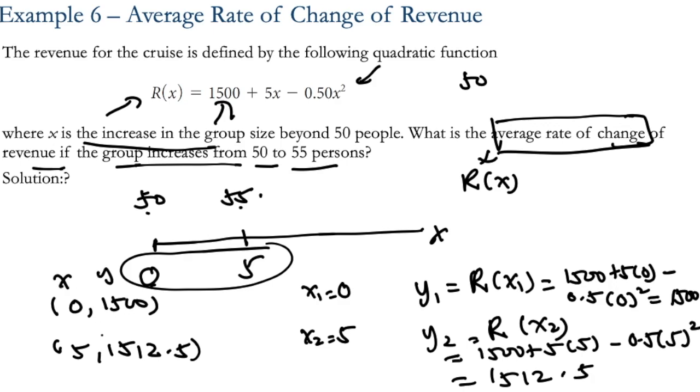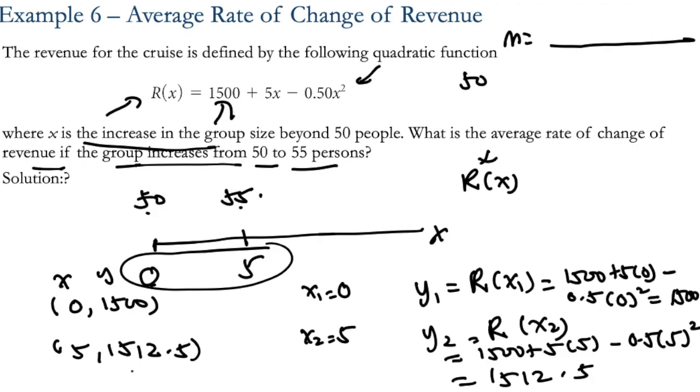You can calculate the average rate of change. Now let me use the same space, but erase it somewhere here. Let me calculate it here. Therefore, the average rate of change, let's call it m, is equivalent to the new y minus the initial y, divided by the new x minus the initial x.